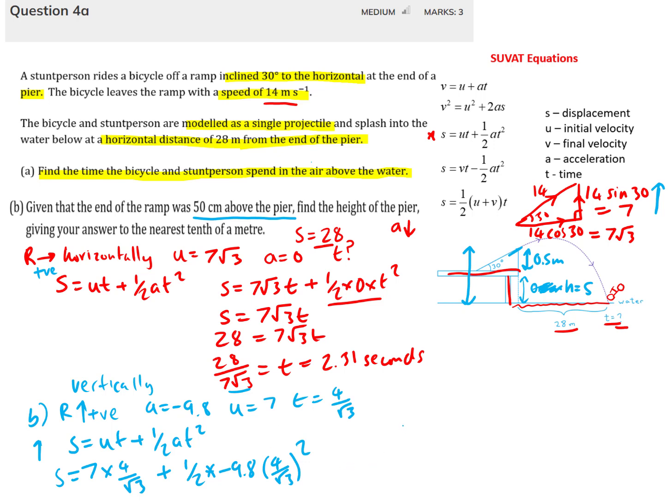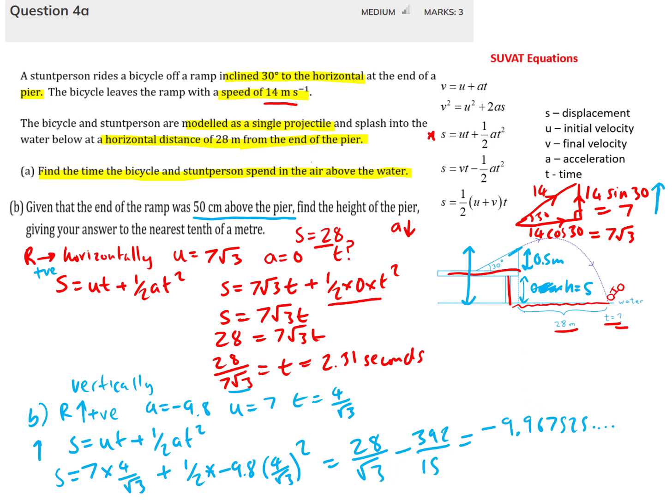So if we just solve for all this and input in the calculator correctly, we will get 28 over root 3 minus 392 over 15, which is going to give us minus 9.967525.